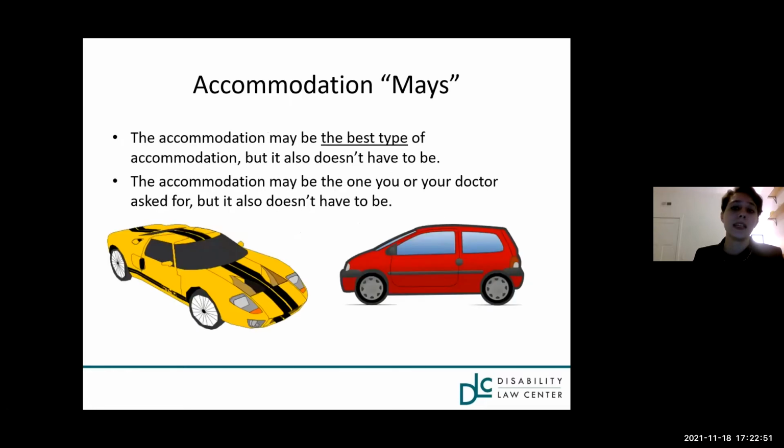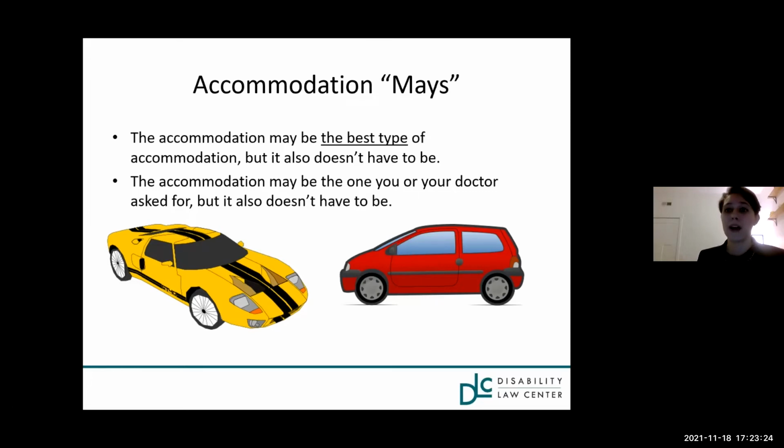So an accommodation has to be effective. Now, it can be the best type of that accommodation, but it doesn't have to be. So, I like to think about this as a Ferrari versus a beat up used old Toyota. They're both going to be able to get you on the road driving to where you need to go. But obviously one is clearly more expensive, higher performing, better than the other.